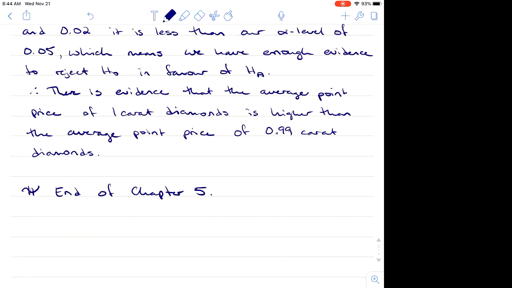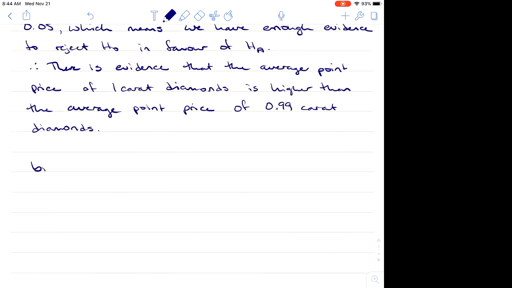Oh, I haven't finished the question. I need to do a confidence interval. Yeah, why not? That was just a teaser. End of chapter 5, it's on the horizon, though. Just one confidence interval away. Construct a 95% confidence interval.